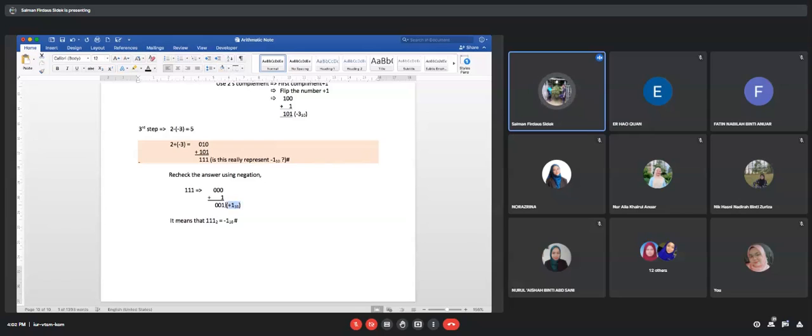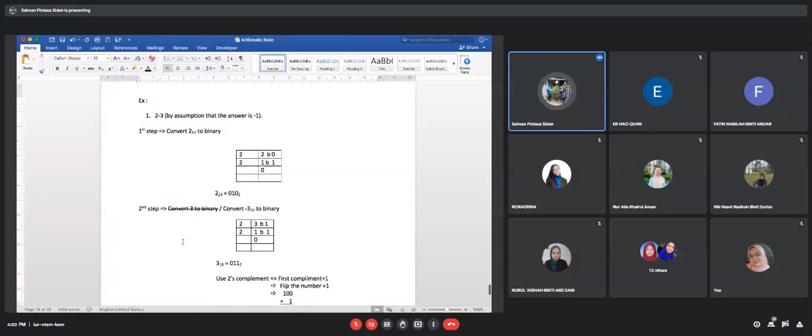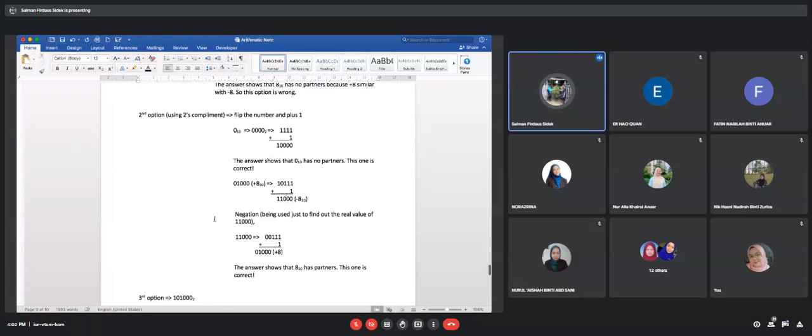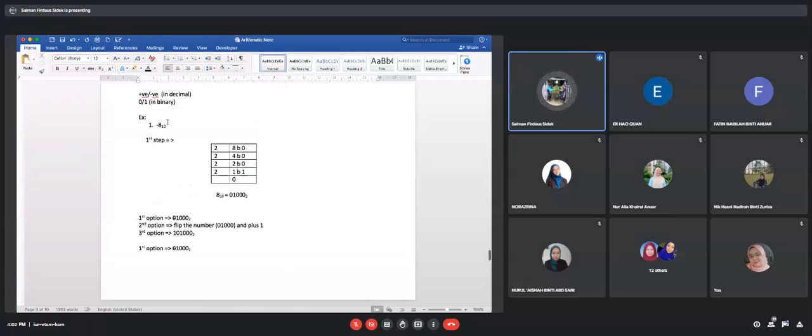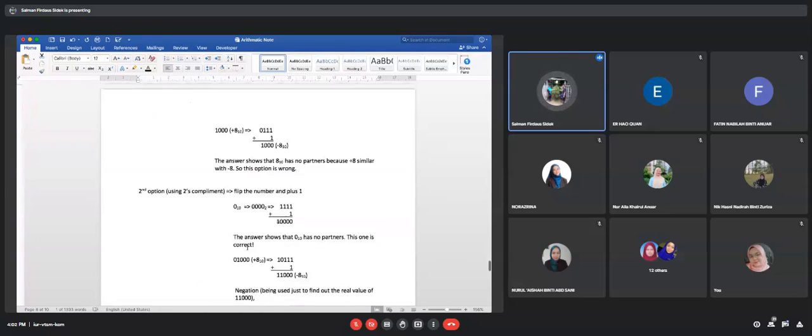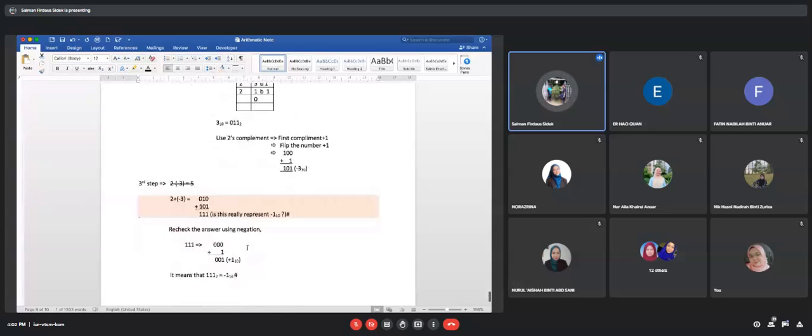Let's say we want to represent negative 3. What is the value of negative 3? Starting with 3. We did it twice earlier, how to convert this one, how to get negative 8. See what the step is here? This is the first step, and then the second step we do this. There are 2 steps here. So what is the step to get negative 3?